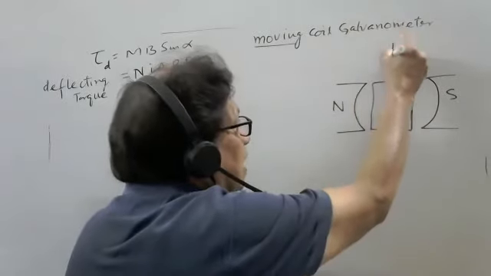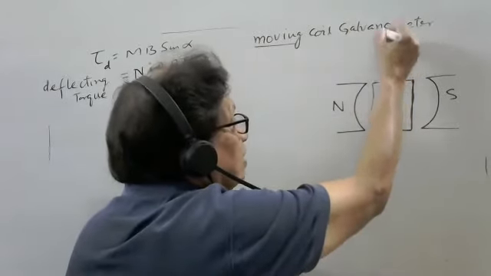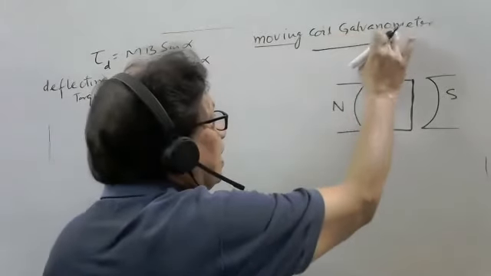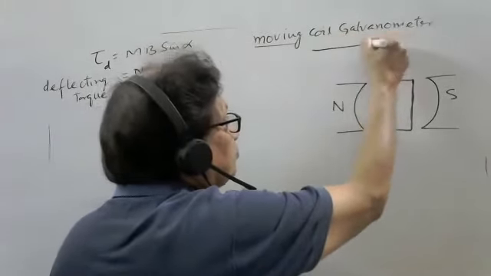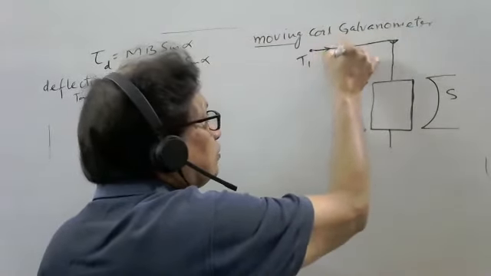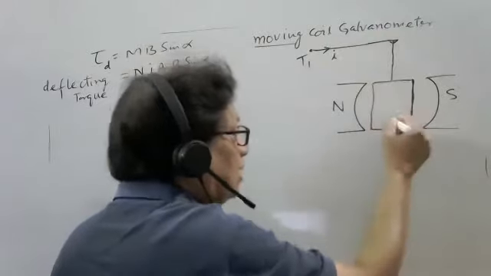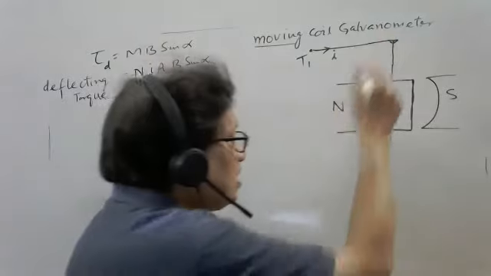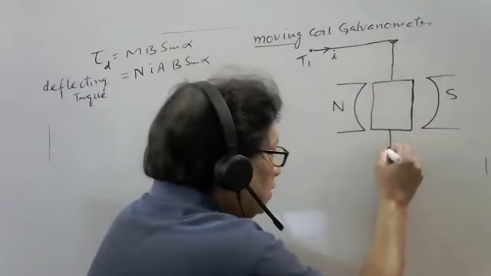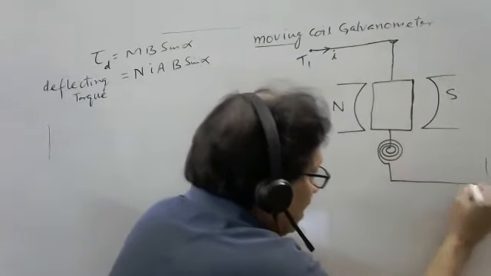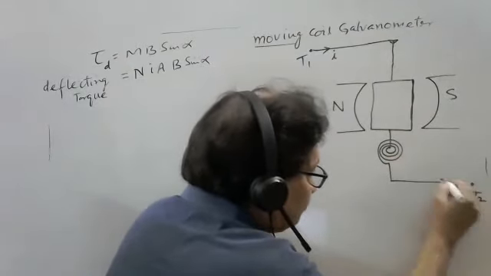It is hanged here with the suspension wire, and say terminal T1, through which current is flowing in the coil, passing through this hanging wire, suspension, and this is the spiral type spring, and this is the other end, say T2.